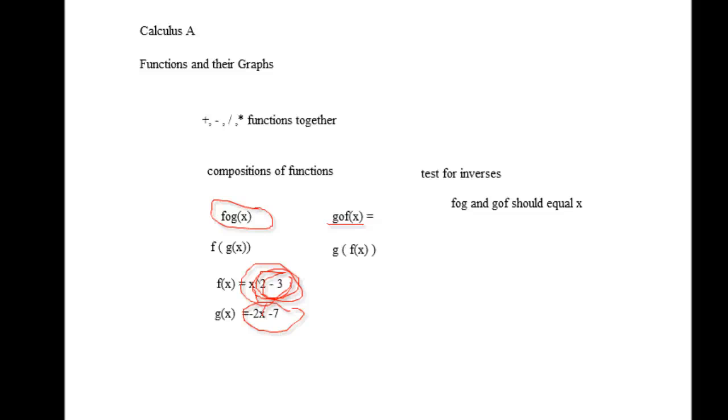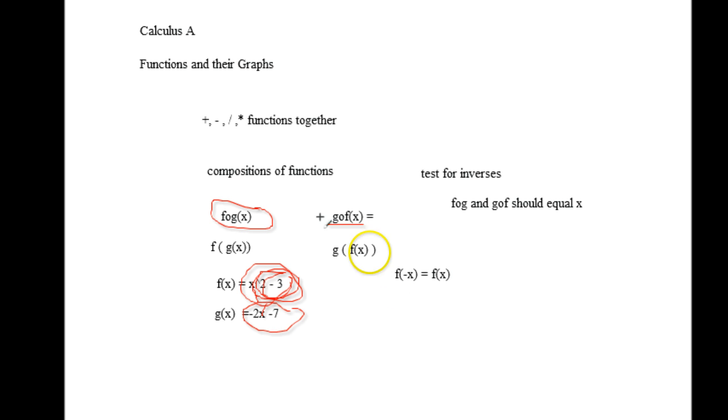Now, one of the toughest things to work with is identifying even and odd functions. You need to look for symmetry, and you need to look for the algebraic test I've talked about before. The algebraic test is basically f of x equals f of negative x.